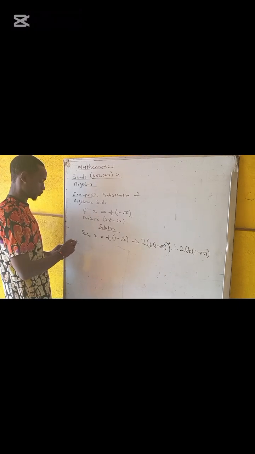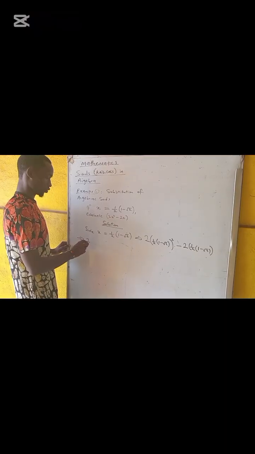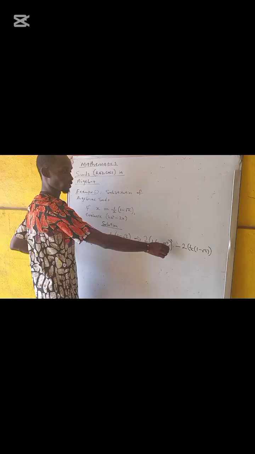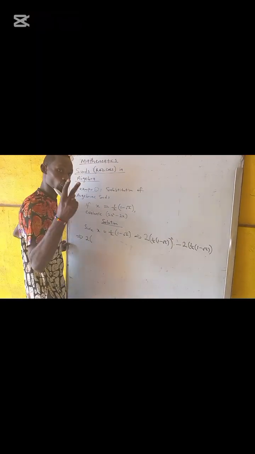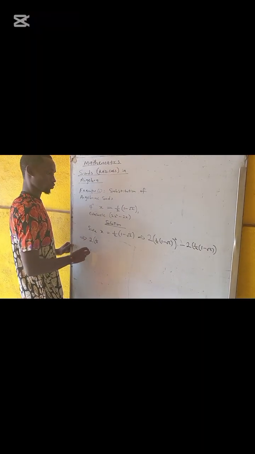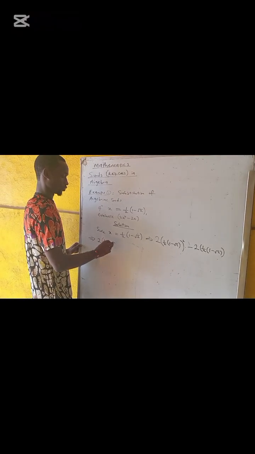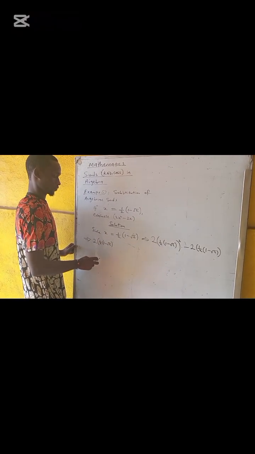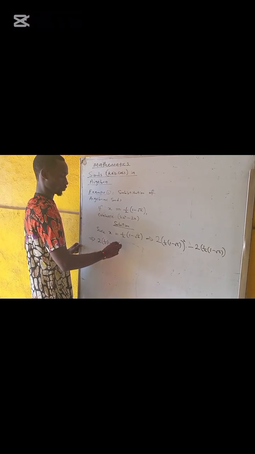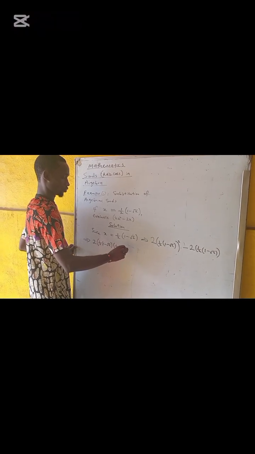So which implies that we are having 2 brackets. This value here is squared. That means we have to duplicate this in 2 places. So we are having 1 over 2 brackets 1 minus root 2, brackets 1 over 2 bracket 1 minus root 2.